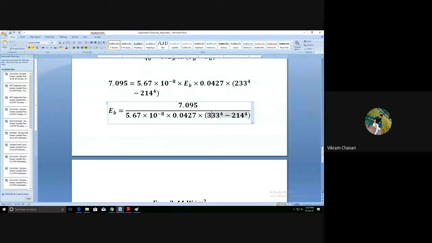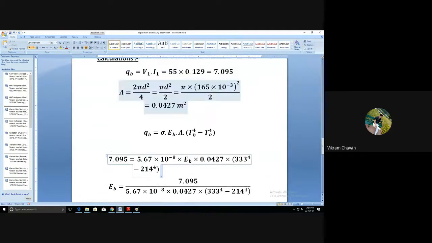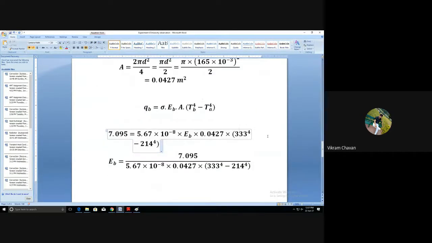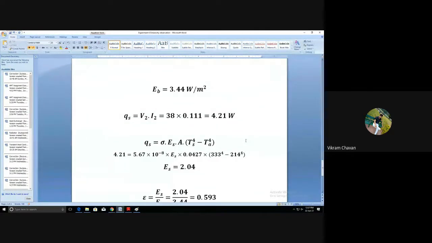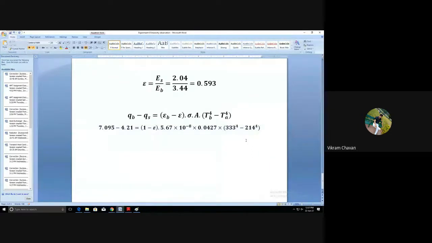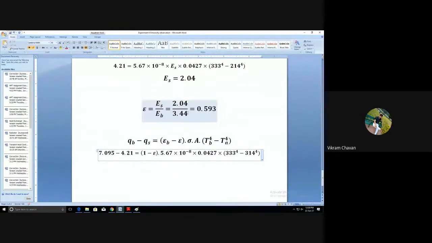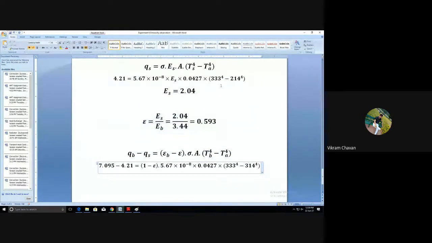Instead of 333, I am taking 233. 314, this should be 314, not 214. So it becomes 3145.